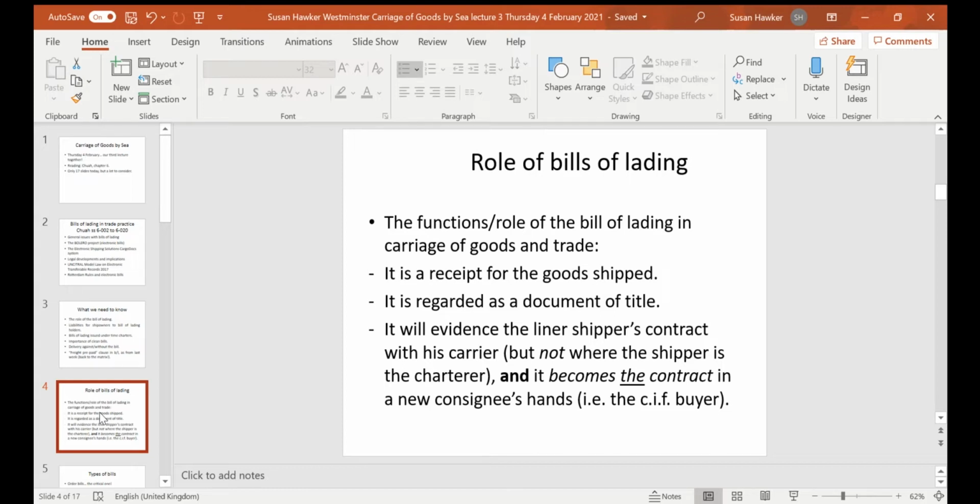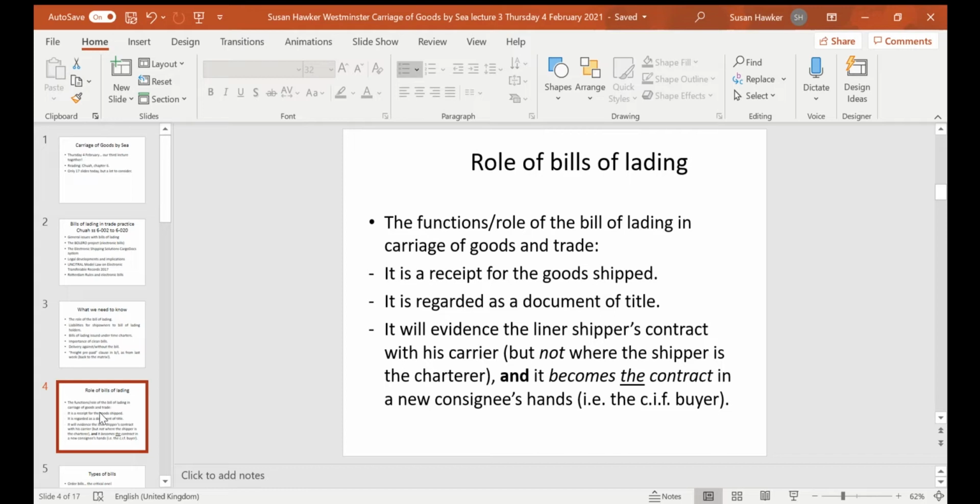What is critical at this point to take on board is that it only evidences a liner shipper's contract where the contract is not contained in the charter. So in other words, where the shipper voyage charters the vessel to carry the goods, the bill of lading which is issued has no contractual status whatsoever in that chartering shipper's hands.